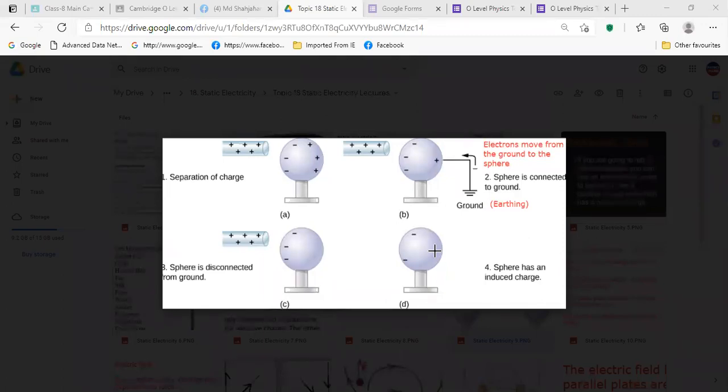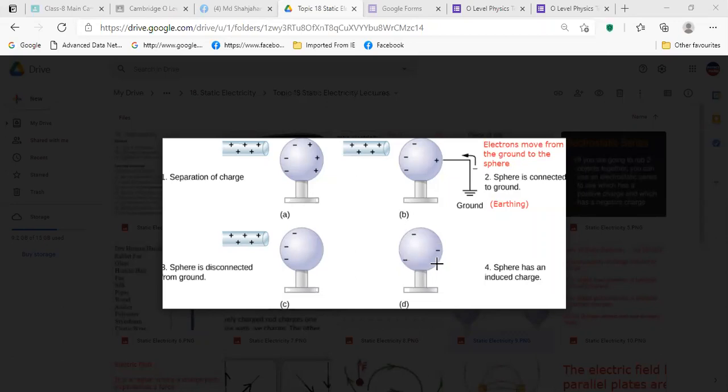This one is very important for us to understand that we have these charges uniformly distributed on the surface. If there is no other things affecting the charges, then the charges will always be uniformly distributed on the sphere. Okay, so here finally the sphere has an induced charge, and the charge is now negative.